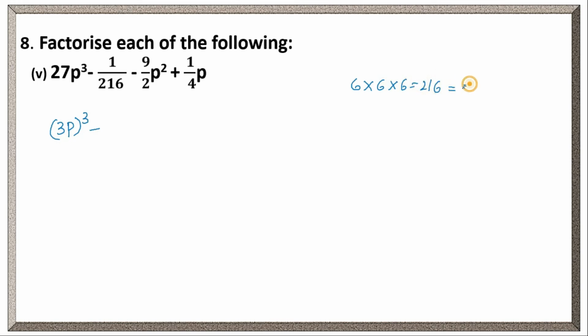That means it can be written as 6 cube. 1 cube by 6 cube means (1 by 6) whole cube we can write, right? Minus, from these two terms we know a and b values. So we can write it as 3 into 3p into 1 by 6 into (3p minus 1 by 6).